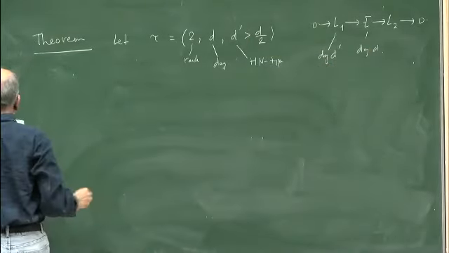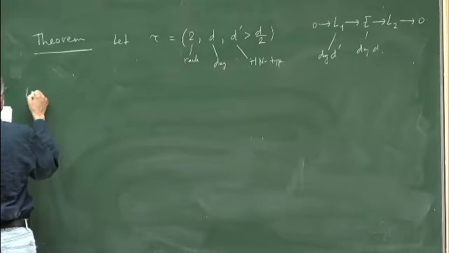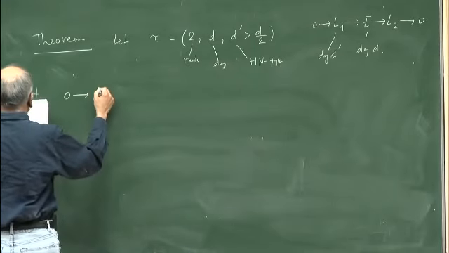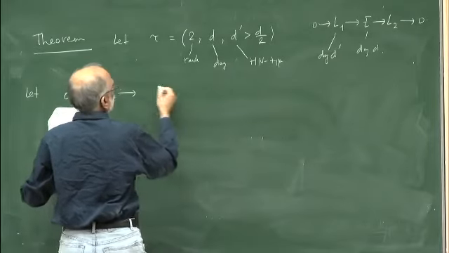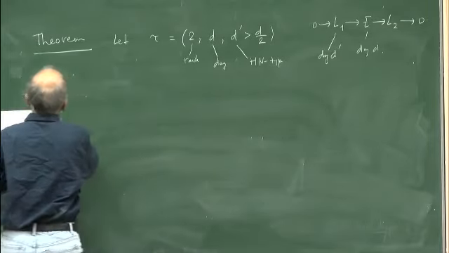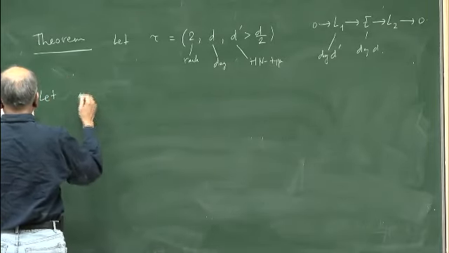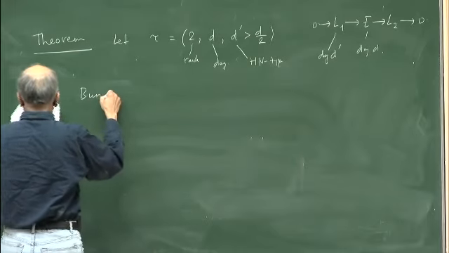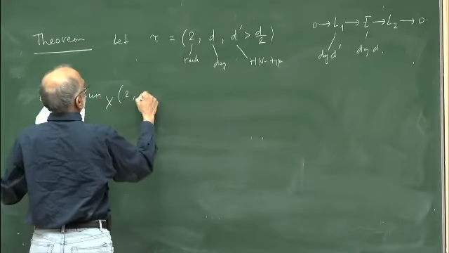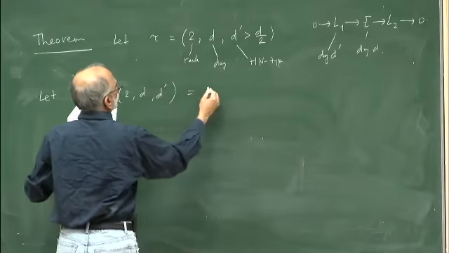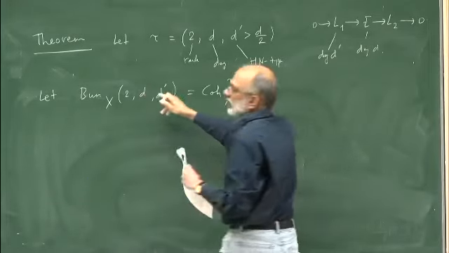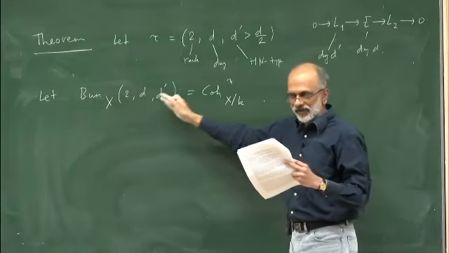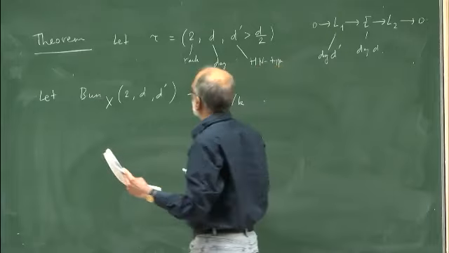Okay. So I should include some notation. Let, making the tau, I am just writing out what the tau is.